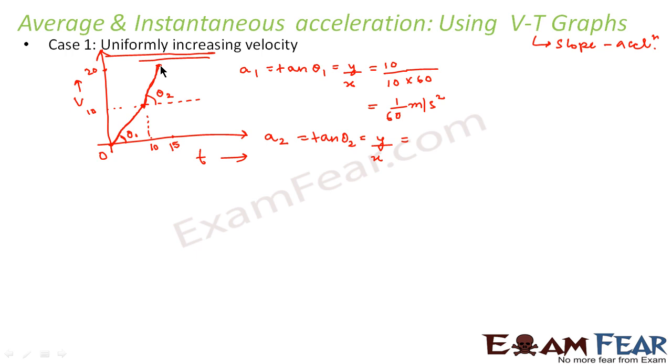The value of y in this case would be 20 minus 10, and the value of x is 15 minus 10. So this is 10 divided by 5 into 60, because we have to convert the minutes into seconds. So it comes out to be 1 by 30 meter per second square.